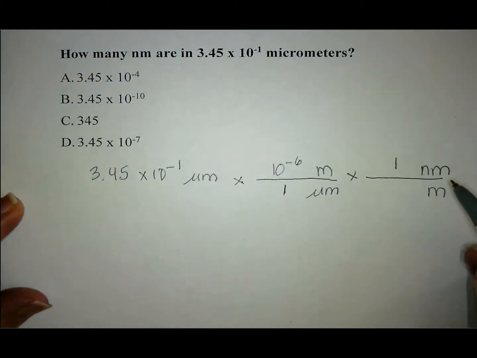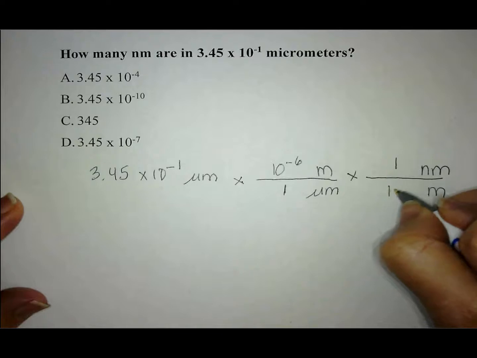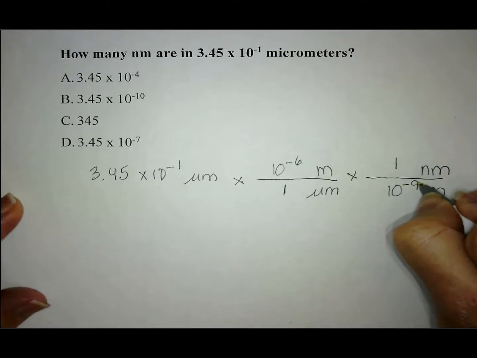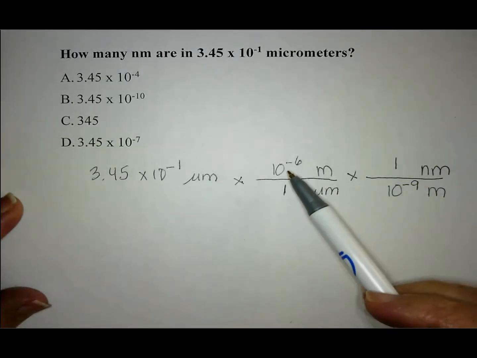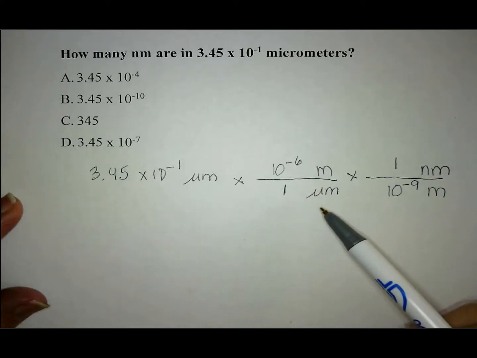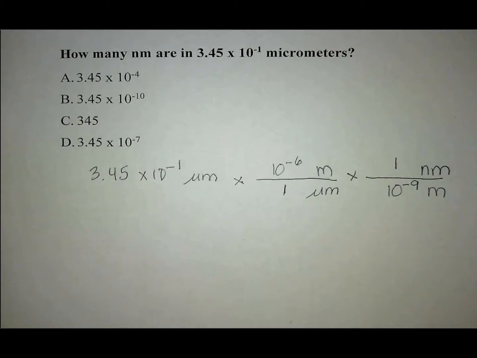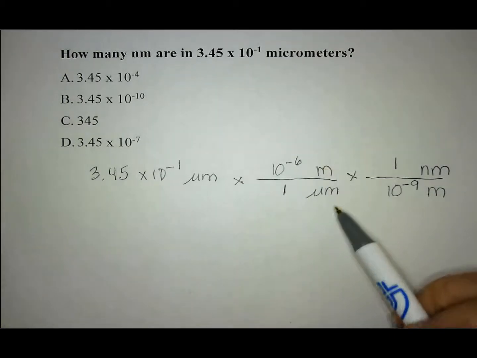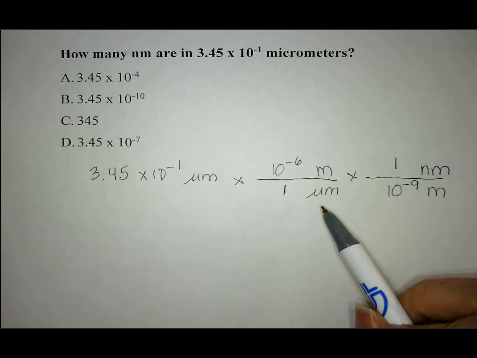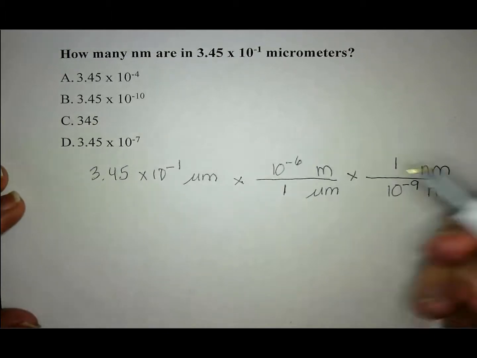The power of 10 that corresponds to nano is 10 to the minus 9. That power of 10 needs to be on the opposite side of the conversion factor compared to the prefix because they mean the same thing. And we want the top to equal the bottom. So 10 to the minus 6 meters equals 1 micrometer.